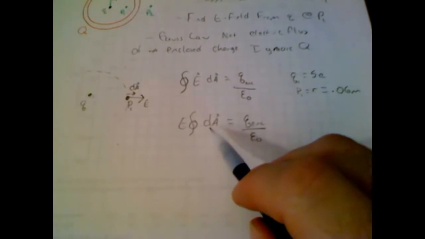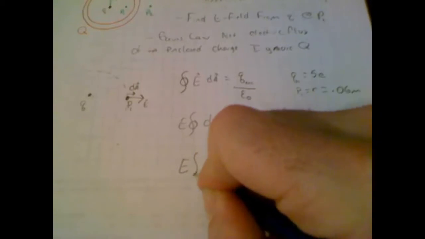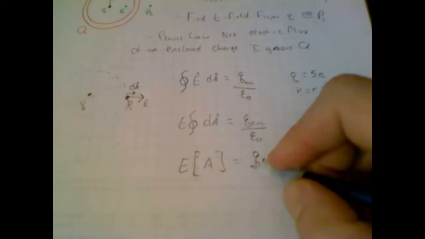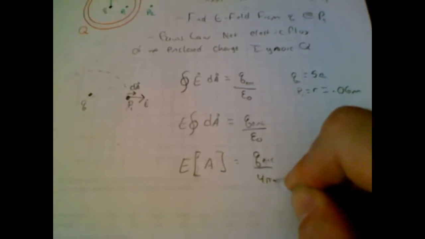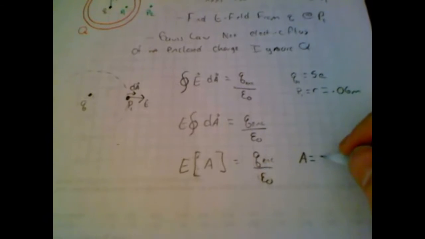From there, I know that the antiderivative of dA is summing up all those areas of my spherical shell. So I know that the antiderivative of dA is just A, which is equal to Q enclosed over 4 pi epsilon naught, where A is equal to 4 pi r squared.